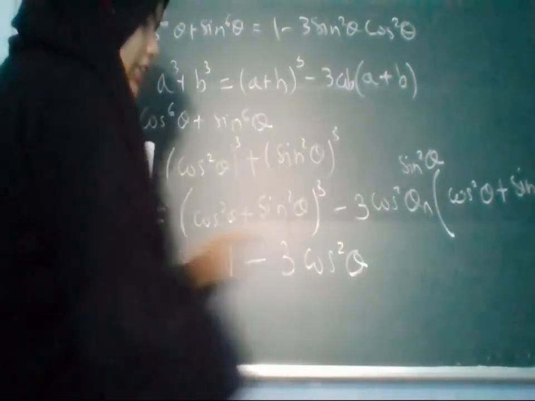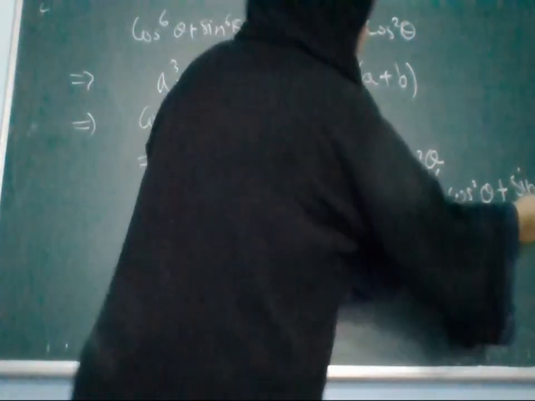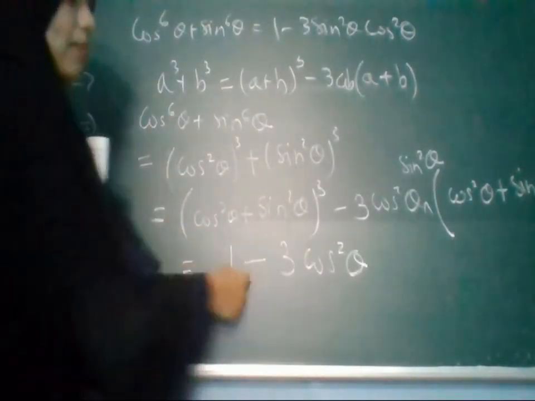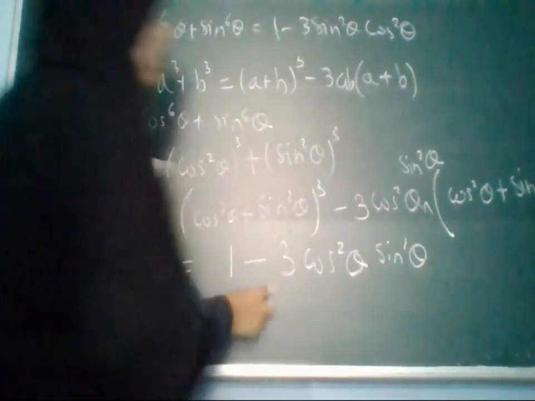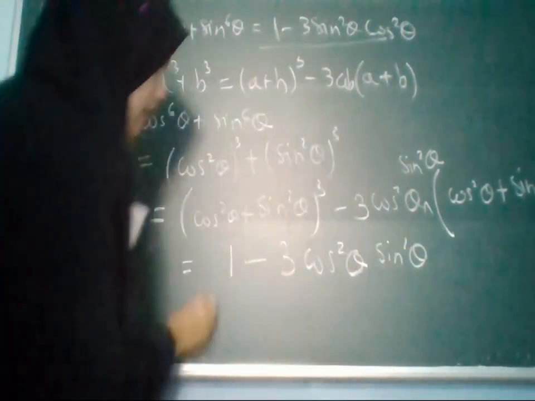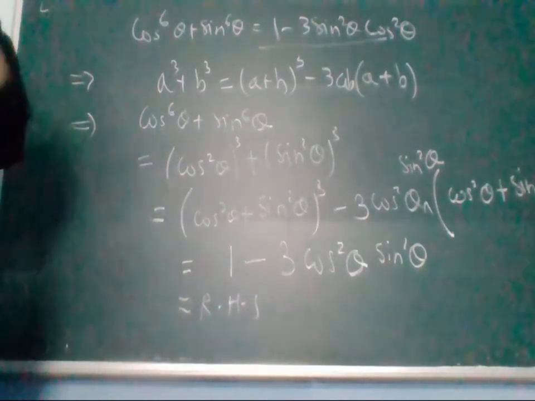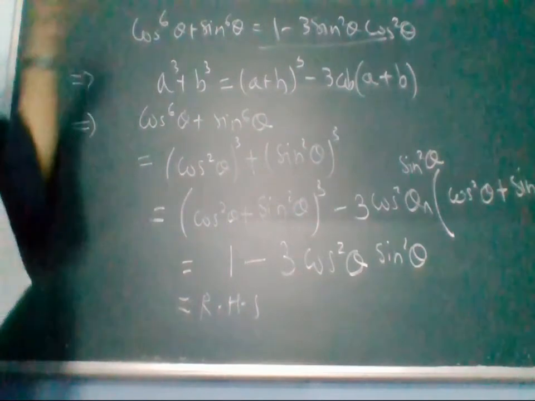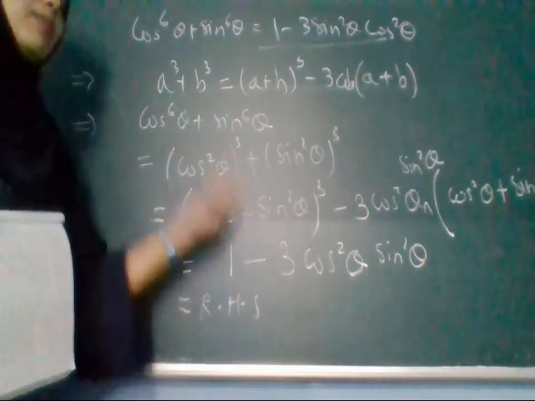Now see, this bracket will be 1 as cos square theta plus sin square theta is 1. So here it will be 1 minus 3 cos square theta sin square theta, which is your RHS. So hence proved. Okay, so what we have done is we have just used this formula and a fundamental identity, cos square theta plus sin square theta is equal to 1.